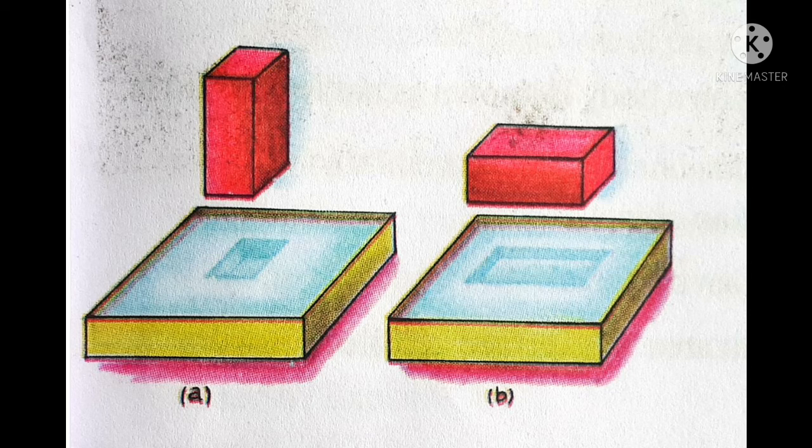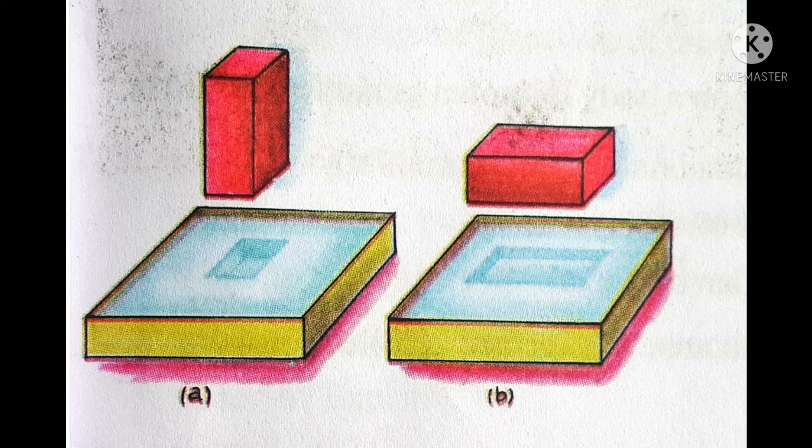The difference lies in the surface area of the brick in contact with the lime powder, and this is responsible for the change in the extent to which the brick sinks in the lime powder.